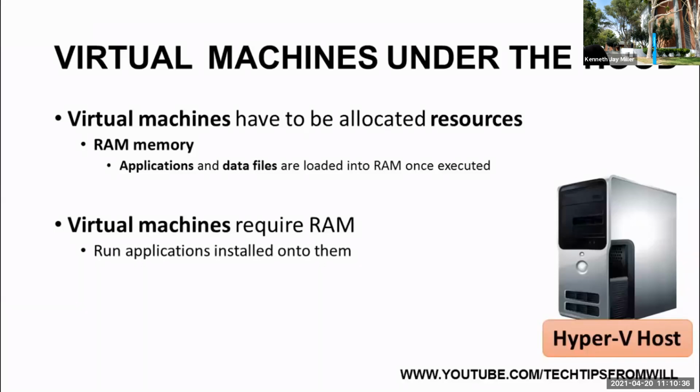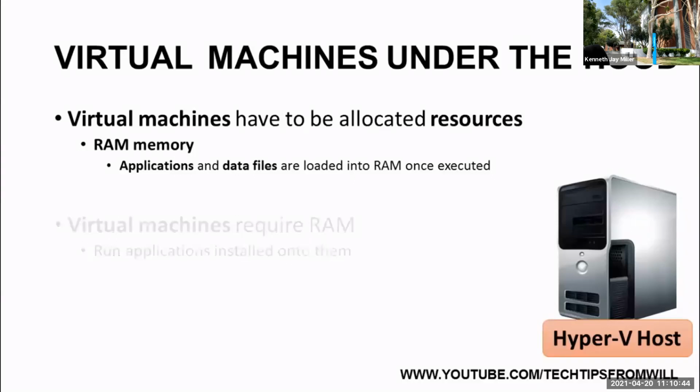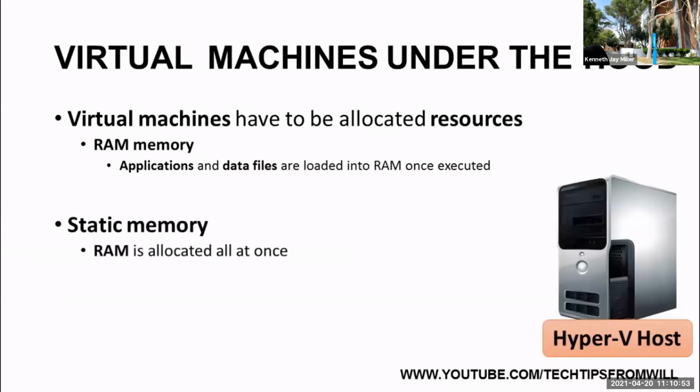With Windows Server 2012 and Windows Server 2012 R2, there are 2 ways that RAM can be allocated to virtual machines. The first method is called static memory. With static memory, the amount of RAM you choose to allocate to the virtual machine is allocated all at once.